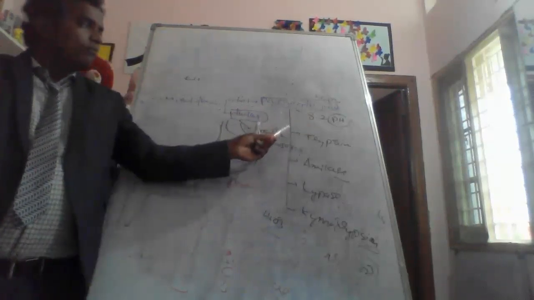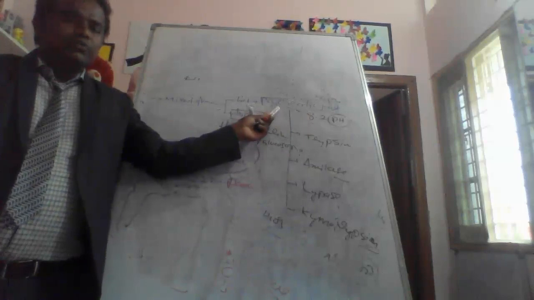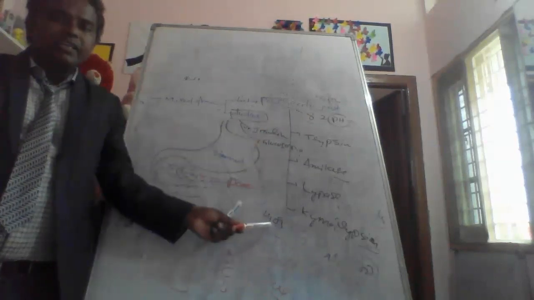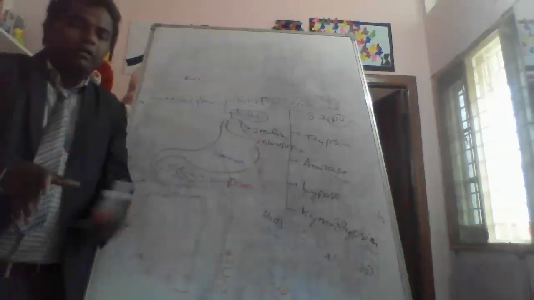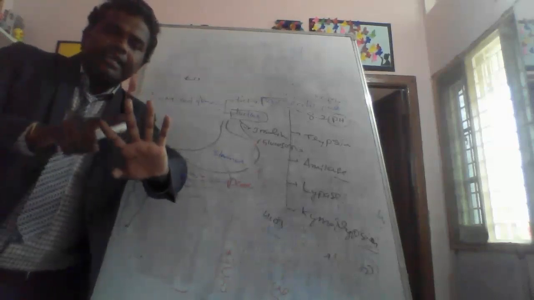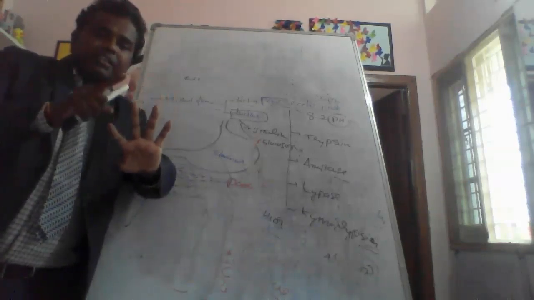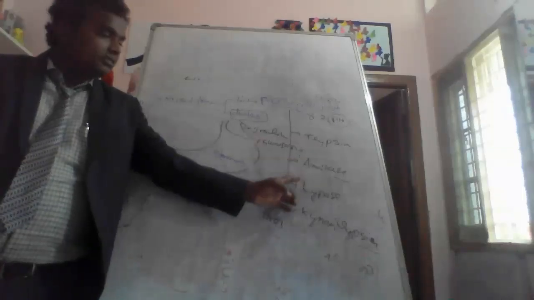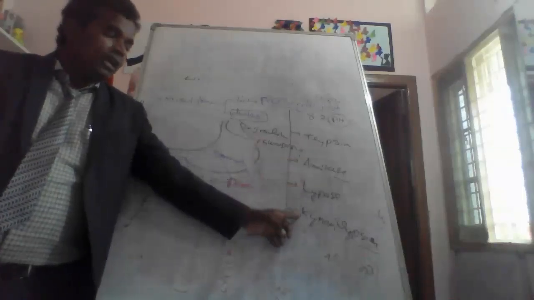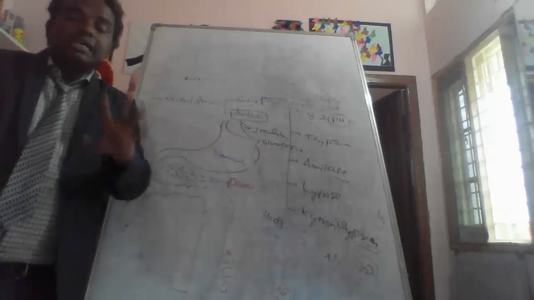8.2. So what are the enzymes of pancreatic juice? TALK: T is nothing but trypsin, A is amylase, L is lipase, and K is chymotrypsin.